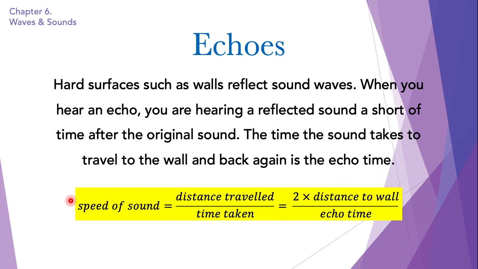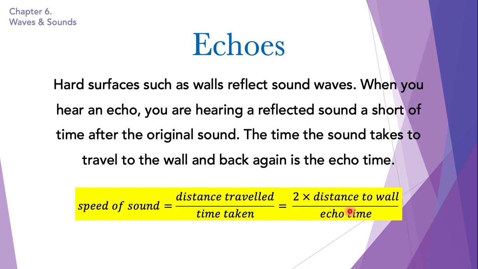So we can use the speed of sound equation again to measure the echo time as well. So speed of sound is equal to distance traveled divided by time taken. This equation is going to turn into speed of sound is equal to 2 multiplied by distance to the wall, divided by the echo time.